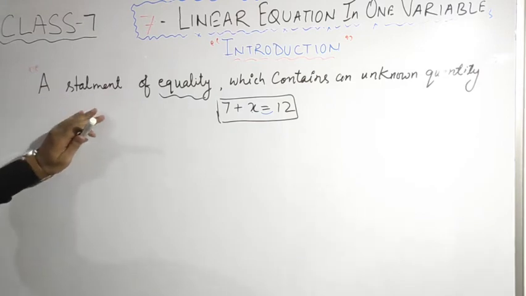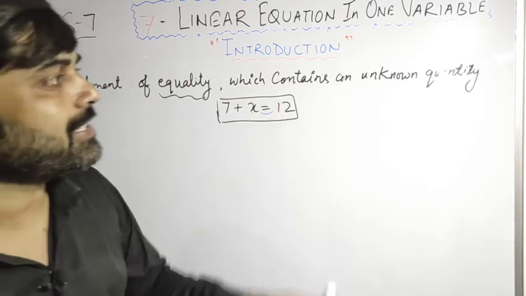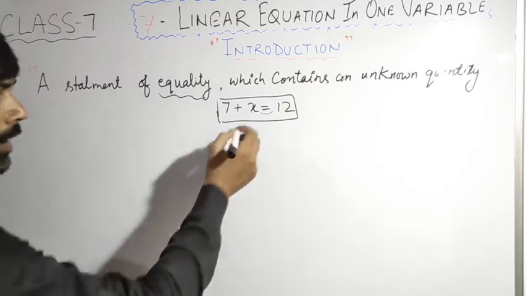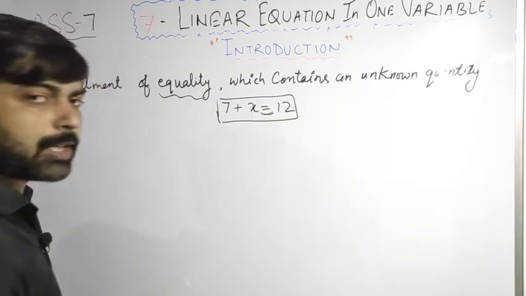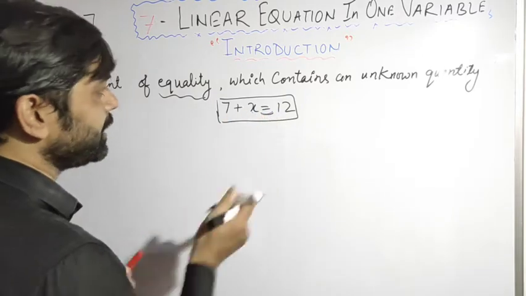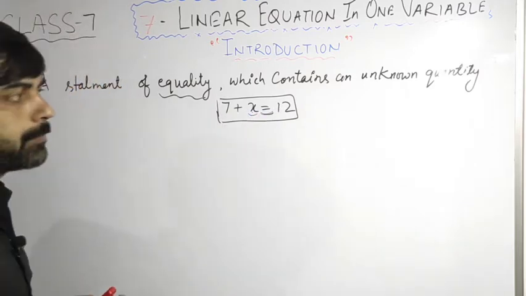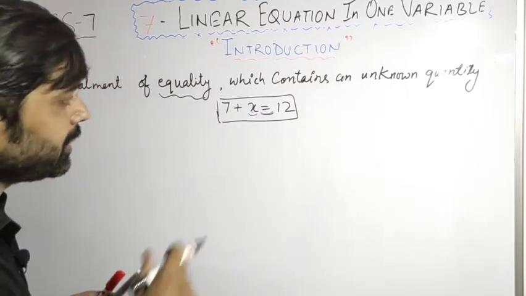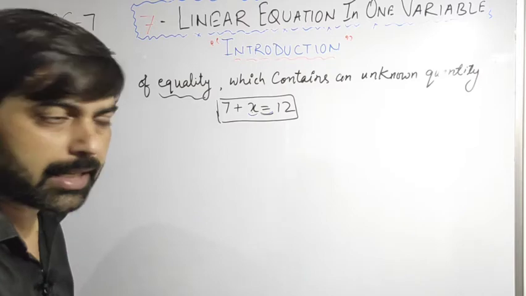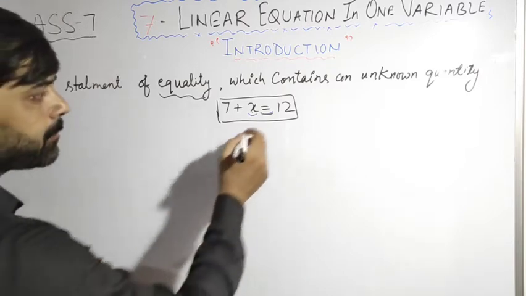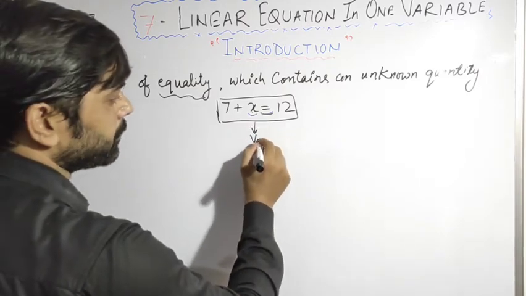A statement of equality which contains an unknown quantity. It contains the equal sign, and it also contains the unknown quantity. Which is the unknown quantity? x is the unknown quantity here, and x is known as the variable.